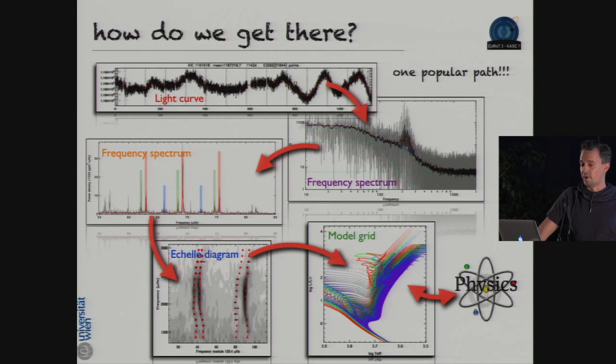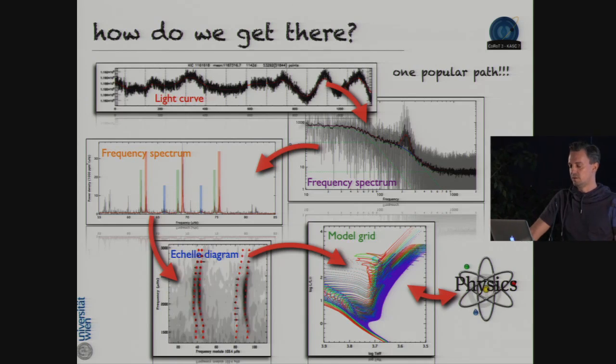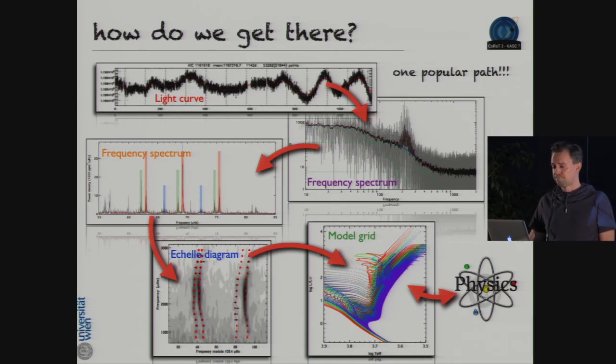So we have to find a way to disentangle the oscillations from the background signal. If we have done that, we get a clean spectrum where we can extract the mode parameters we're interested in. Then we have a list of frequencies, can produce shell diagrams, and finally we can compare these frequencies with frequencies from stellar models and hopefully learn something about physics.